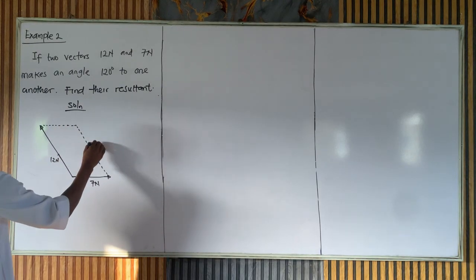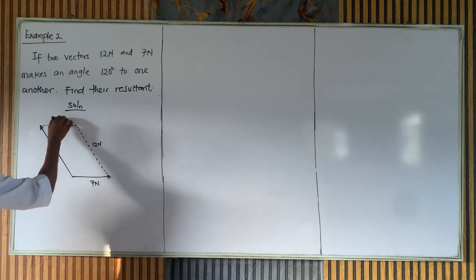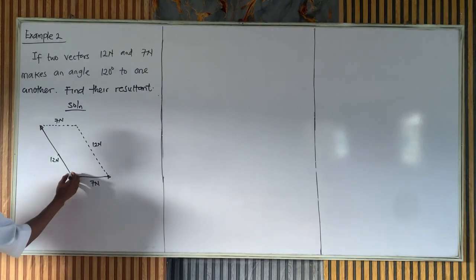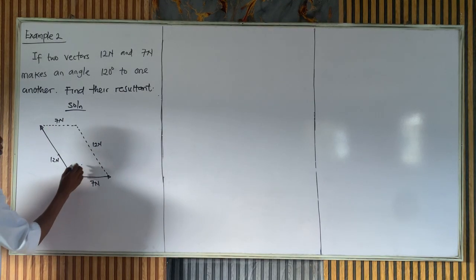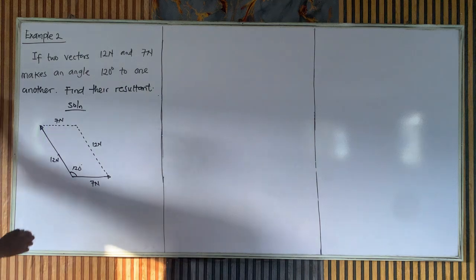So this is 12 Newton and this is 7 Newton, and the angle between them is 120 degrees. So this should be the resultant.